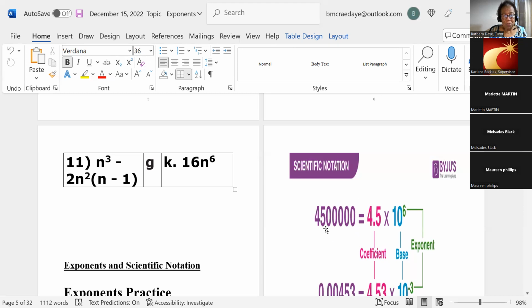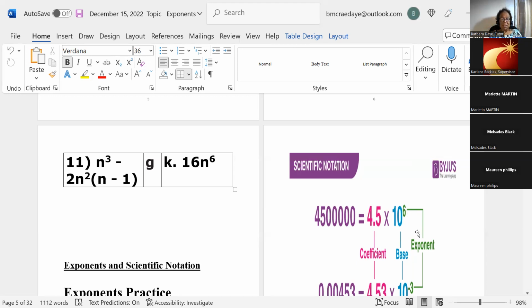If you move it between the 4 and the 5, how many places did you move it? No, it's behind the last zero. That's where the decimal point is. Six places, so you moved 6. That's why your exponent is 6.